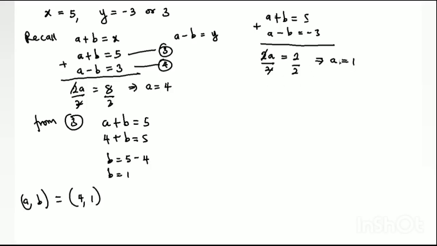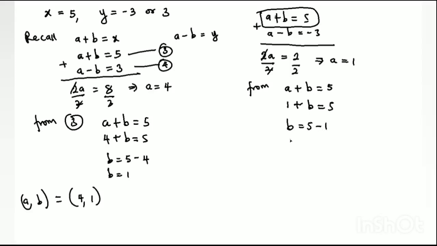So I'll put this value again in this equation here. So I'll write from the equation a plus b equals 5, you can call it equation 3. So I will have that my a is 1 plus b, which I don't know, equals 5. So b is equal to 5 minus 1, which gives us 4.